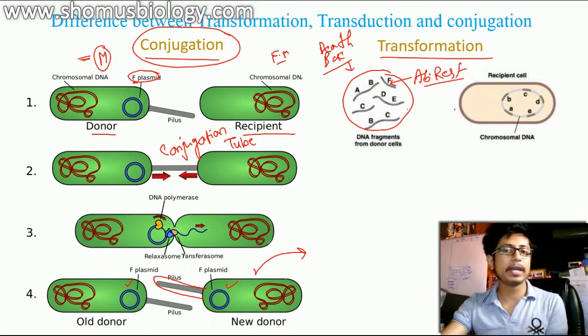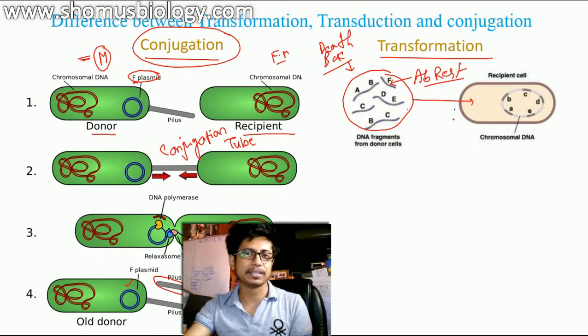If the recipient can take up that fragment of DNA containing the antibiotic resistance gene, then this recipient bacterium can get the antibiotic resistance as well. That is the idea of transformation.